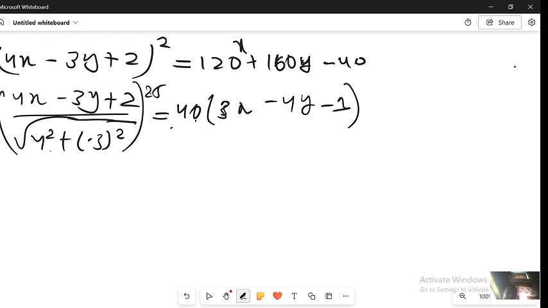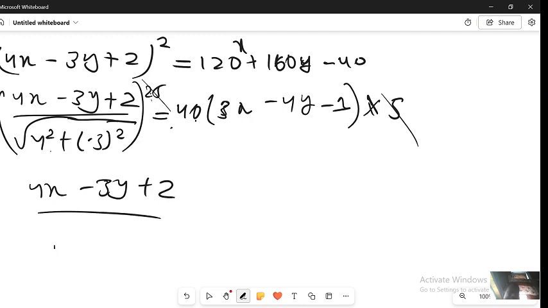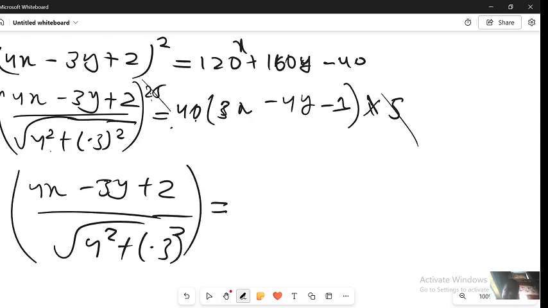Then this 5 will go with this one, remainder 5 here. 14 divided by 5 is going to be 8. So 4x minus 3y plus 2 over the square root of 4 squared plus minus 3 squared is going to be equal to 8 times 3x minus 4y minus 1.